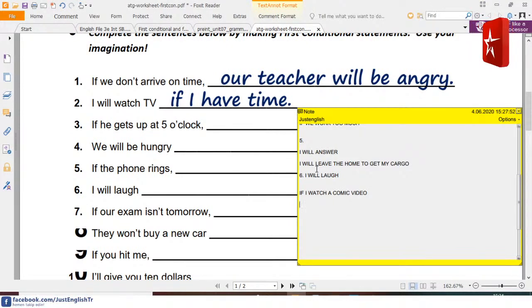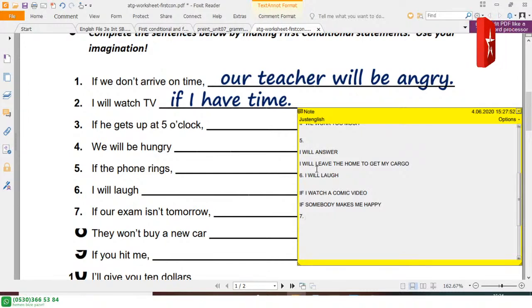If somebody makes me happy, I will laugh. And Gusova says, I feel myself happy. If I feel happy, I will laugh. Okay, great. And number 7.